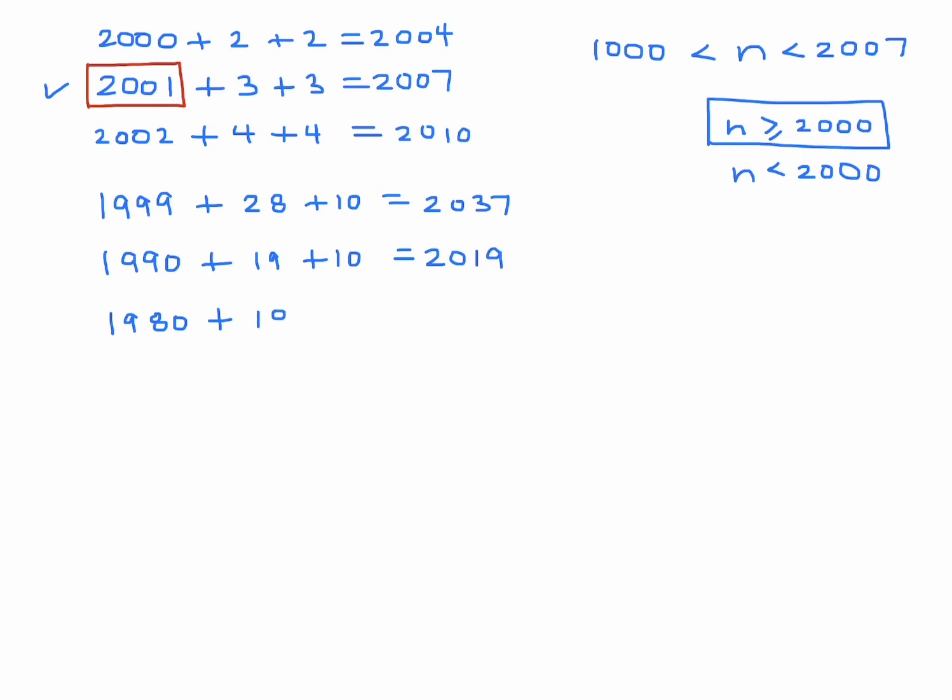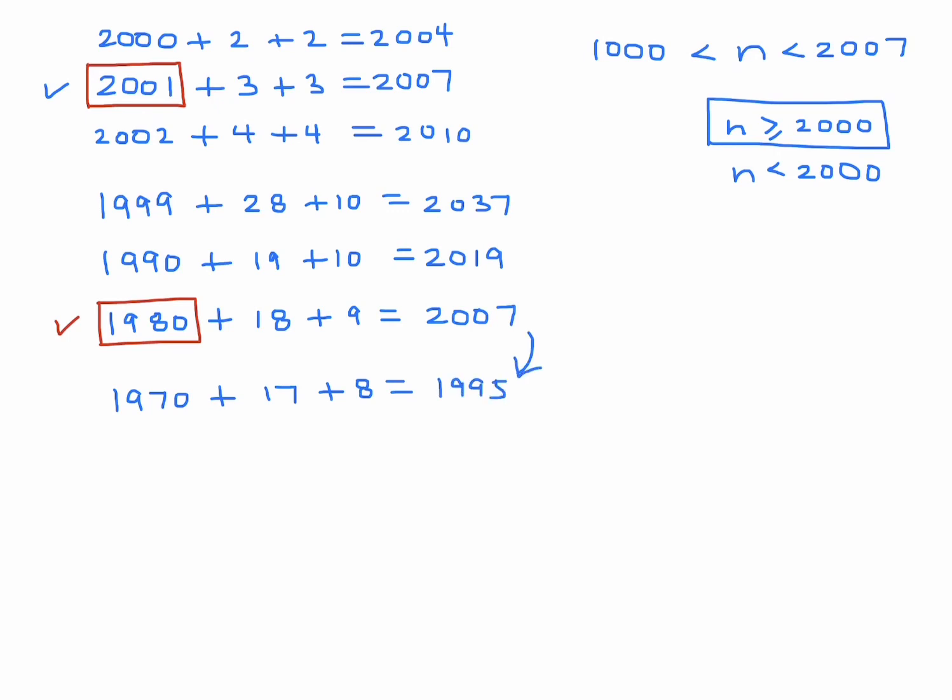This is 18 plus 9, and that is 2007. Look at that, so we got another one. Great, let's keep going. Let's try 1970. That gives me 17 plus 8, and that is 1995. Okay, so we've gone lower, so that's it.